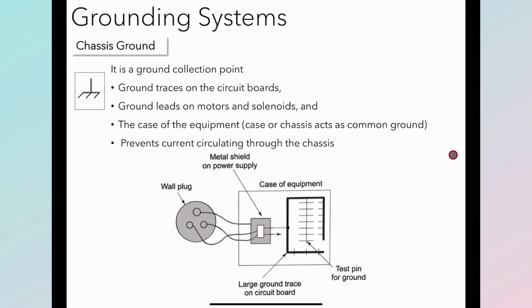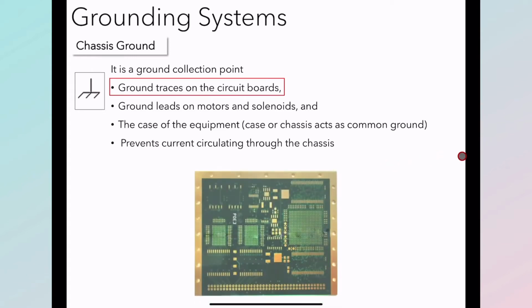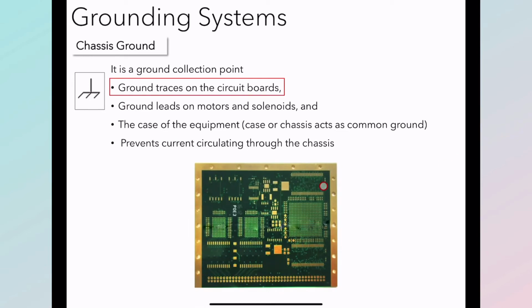Okay, in the next circuit diagram, a photograph of a circuit, we can see there is a PCB where all these components are supposed to be inside. This circuit is drawn, and this thick tracing surrounding all these components is the ground trace actually. Okay, this is the ground collection point also for all the components.